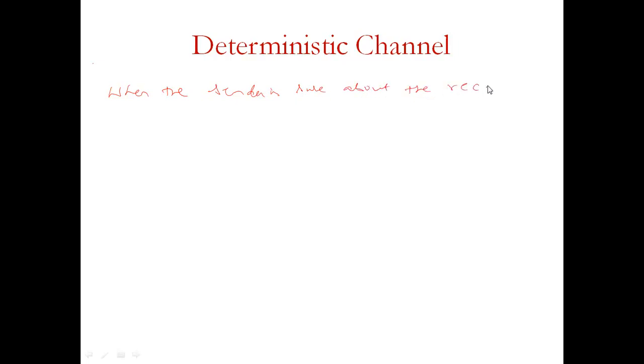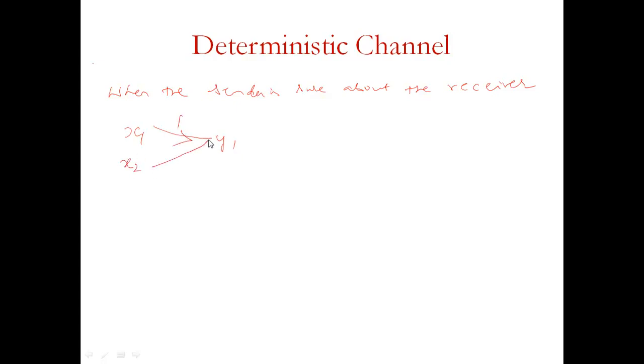Earlier we saw the lossless channel, where the receiver is sure about the sender; the receiver knows from which it is receiving. Here the sender knows to whom it is transmitting. So in the general diagram, x1 knows it is transmitting only to y1 with probability always equal to 1.